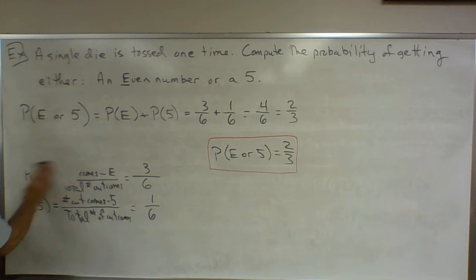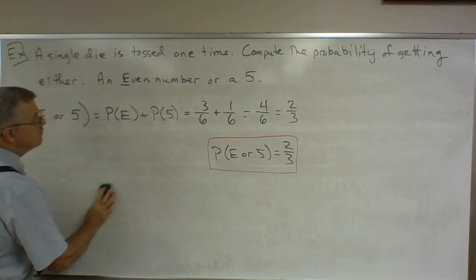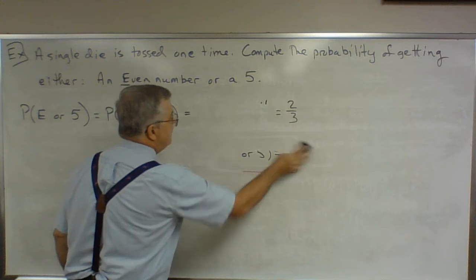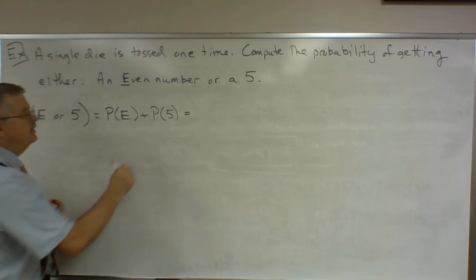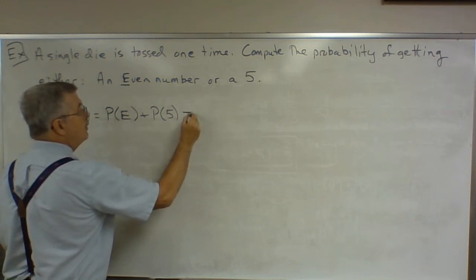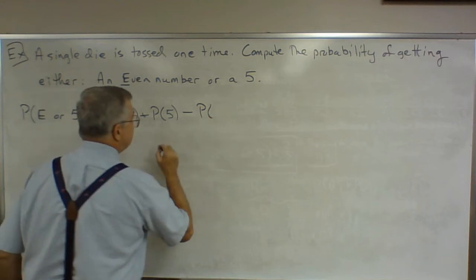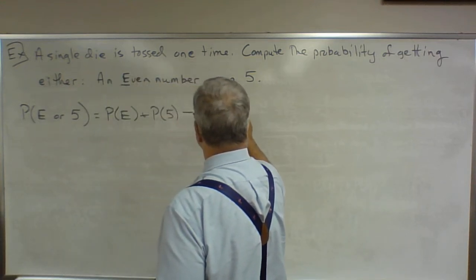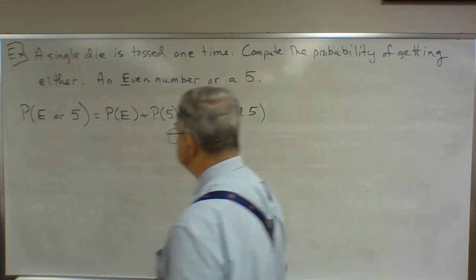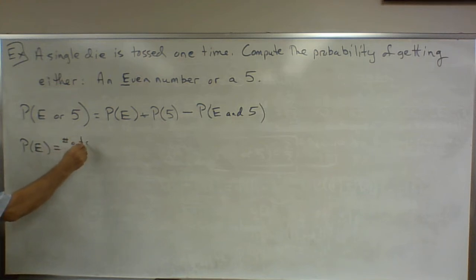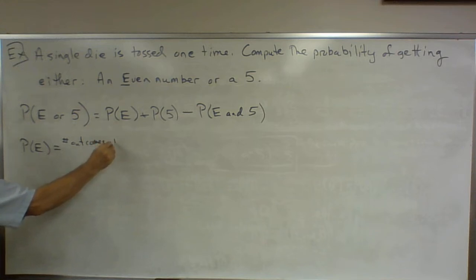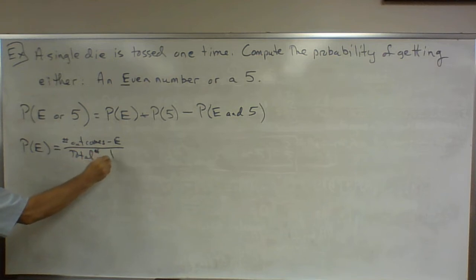We'll do this again. And here we haven't figured out that the two outcomes are mutually exclusive. So we're going to subtract the probability of getting an even number and a 5. Probability of an even number: number of outcomes that yield an even number over total number of outcomes.